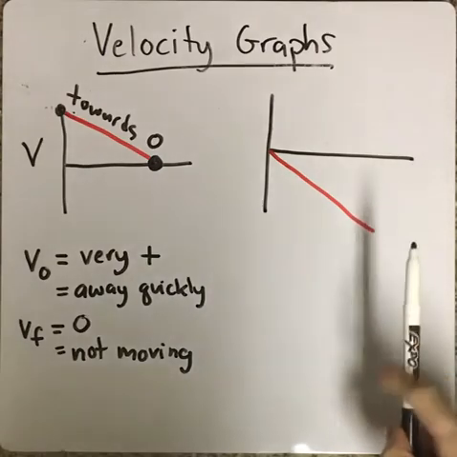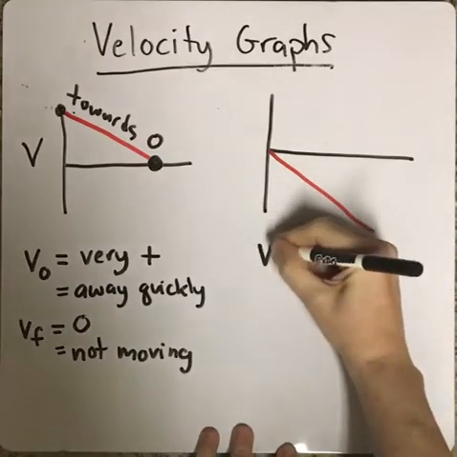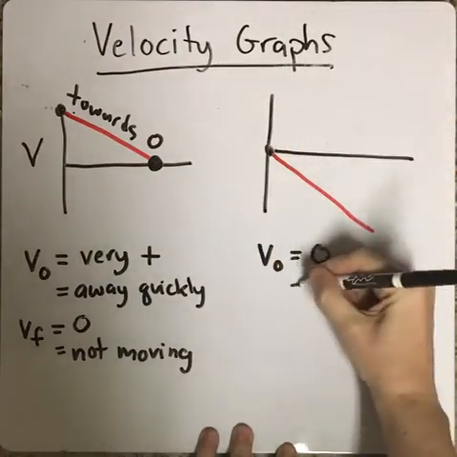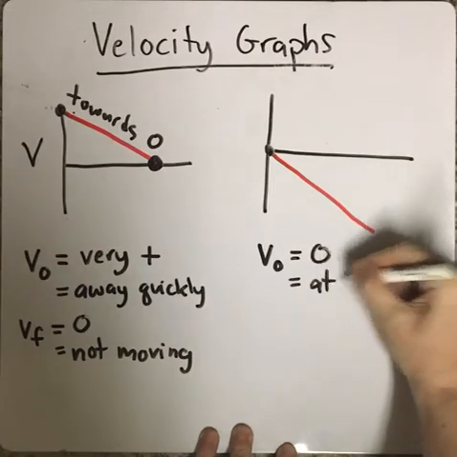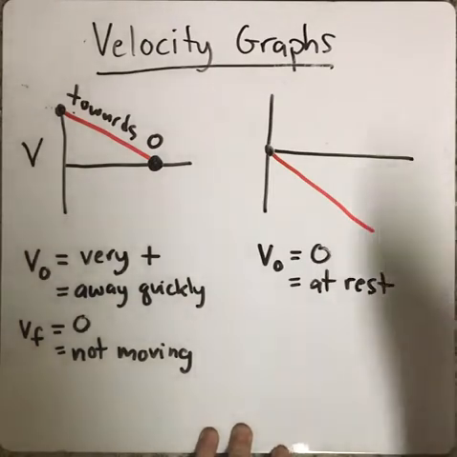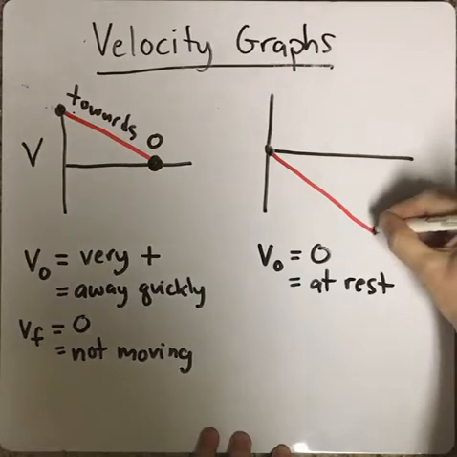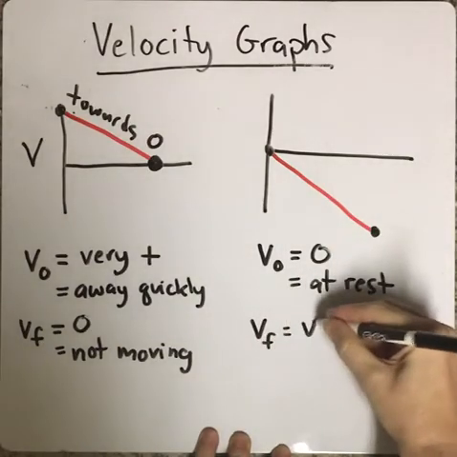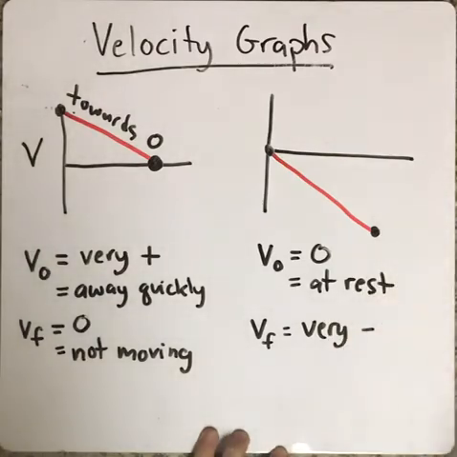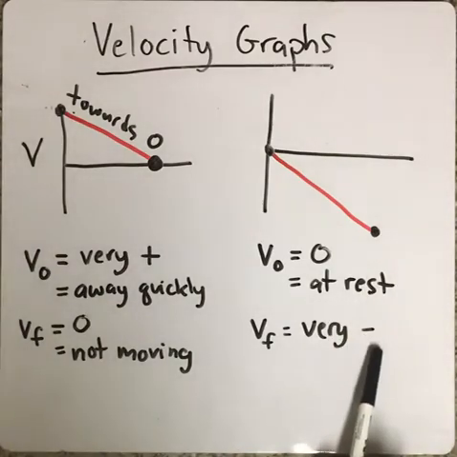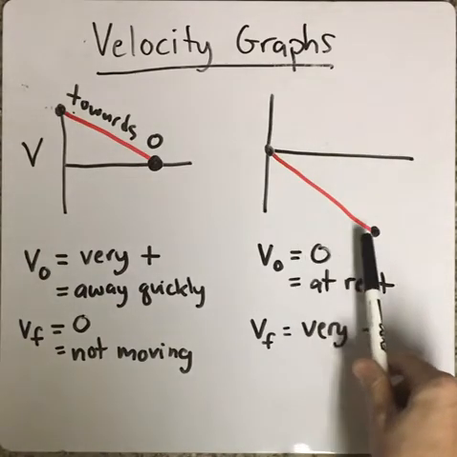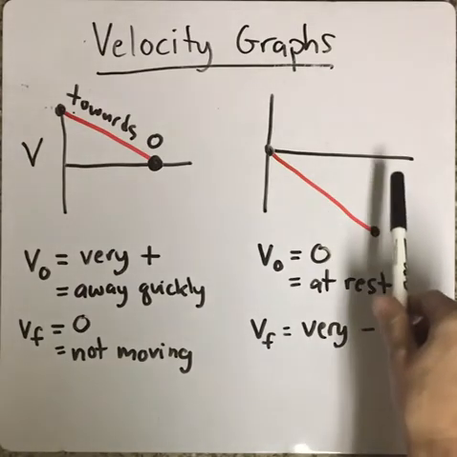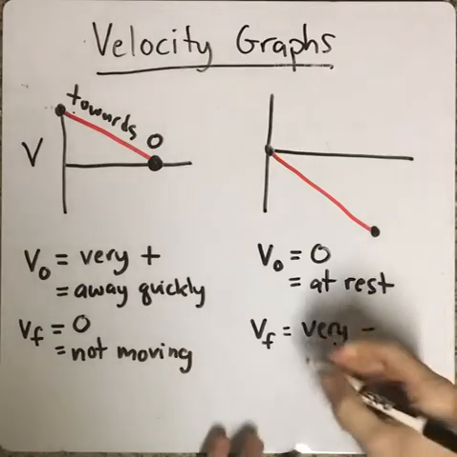The second graph is different. Notice the initial velocity here at the beginning is on zero. That means that the object starts at rest. It wasn't moving at all. But by the end of the graph, my final velocity is very negative. I said negative because we're in the bottom quadrant, and I used the word very because we're so far below the zero bar.